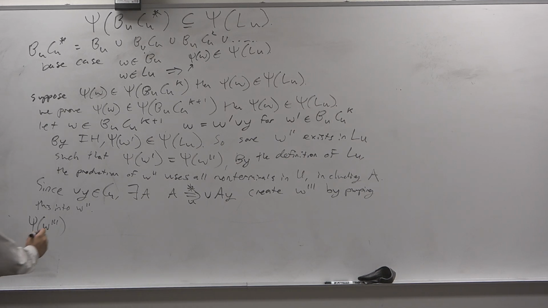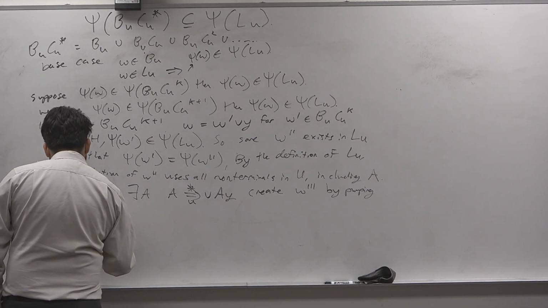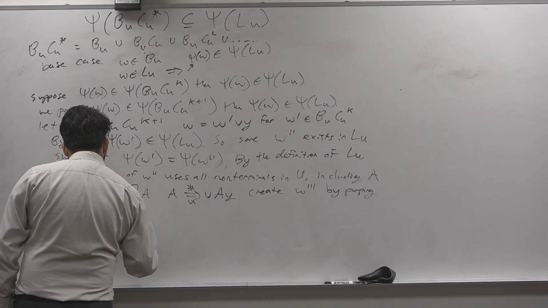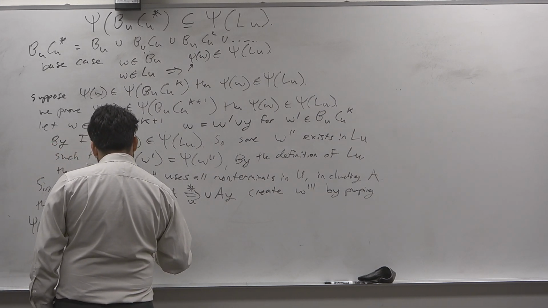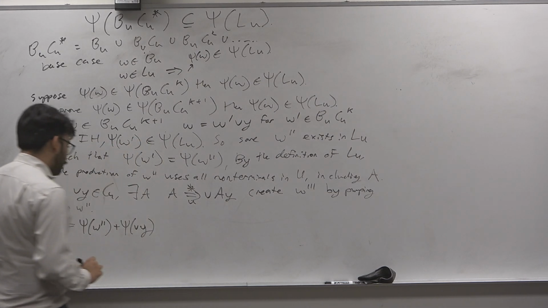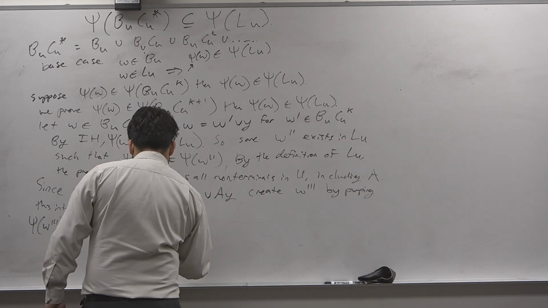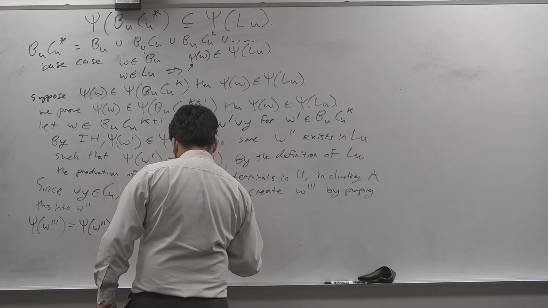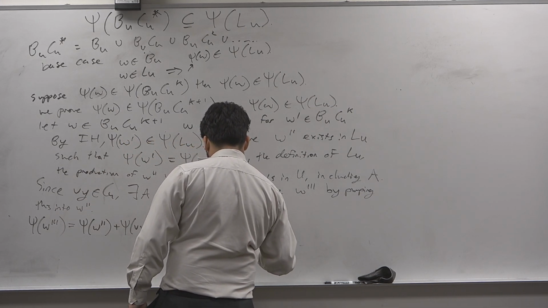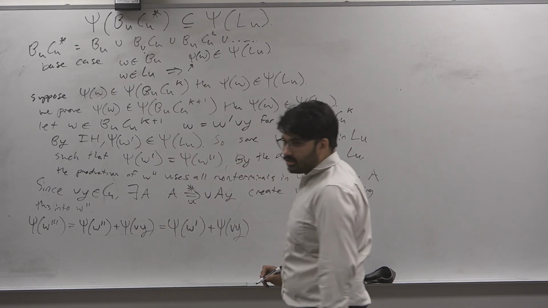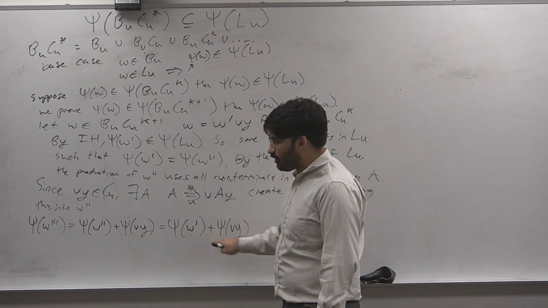So we know that this is equal then to, had we taken W double prime and then we pumped Vy into it, right? By definition. But by definition, what do you know is equivalent to the frequency of W double prime? Yes. To simplify, let's just concatenate those two. You may already see what that's going to be.